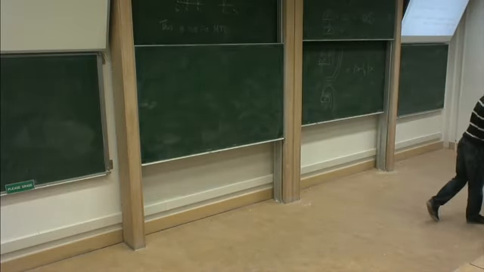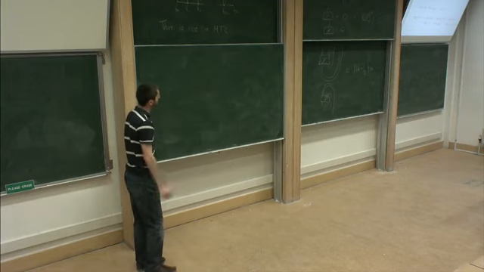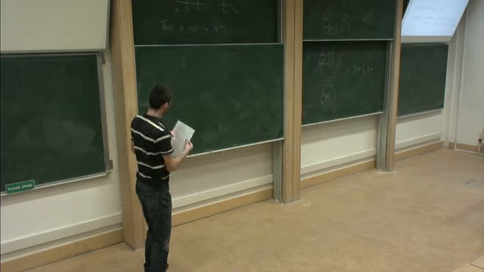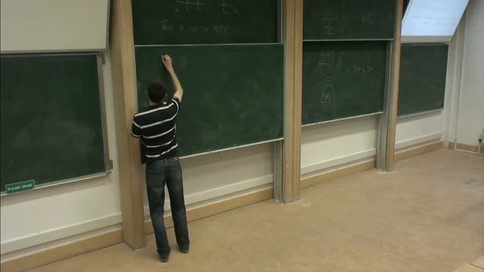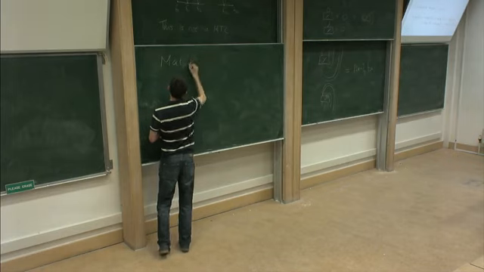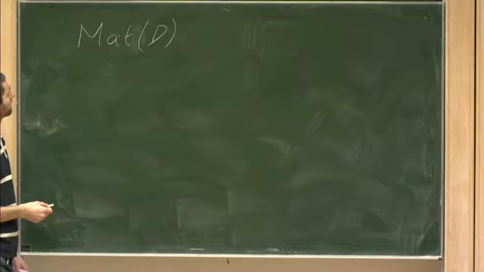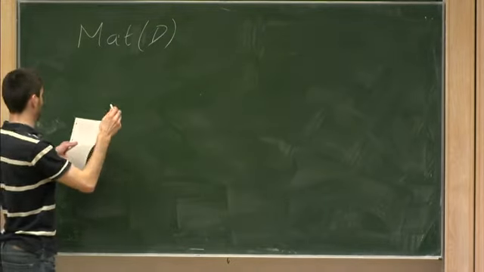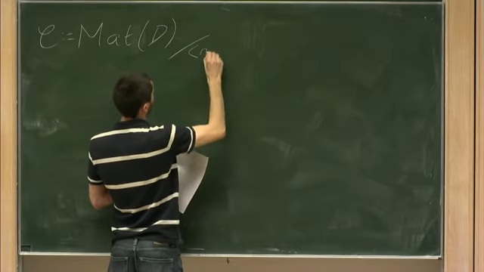Okay, so if we now do the same construction as we just did, but with this extra generator in, we have a matrix category of D, where D has objects which are projections generated by these tangles, and we quotient out by, again, the negligible morphisms.